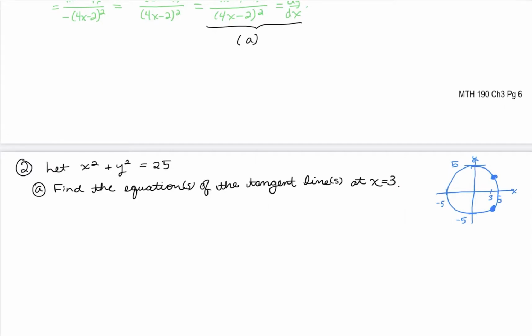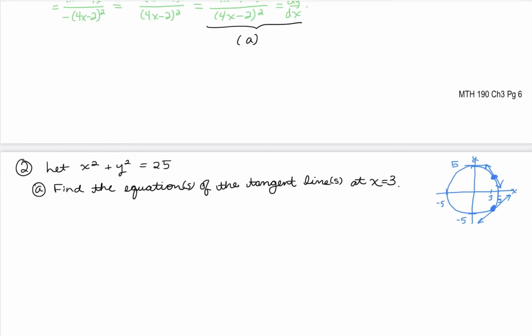So we are going to end up with 2 different tangent lines. Because we can wrap our mind around this graph, it's useful in predicting what's going to happen here.